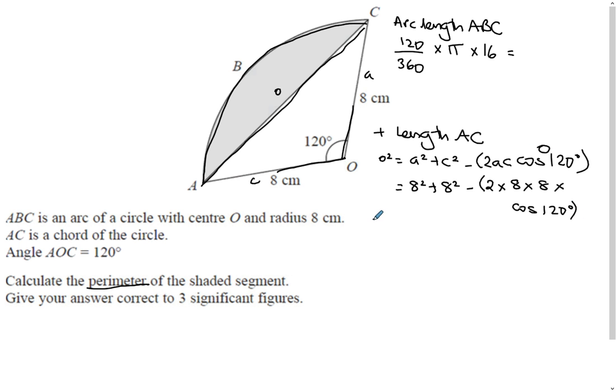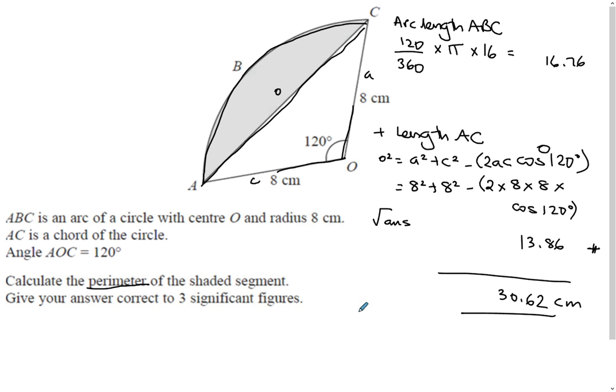And then before you go on your calculator, make sure you square root your answer, and remember you're going to add them this time. Okay, and that gives you 16.76, that gives you 13.86, and if you add them up you get 30.62. And of course it's centimeters because we're finding the perimeter.